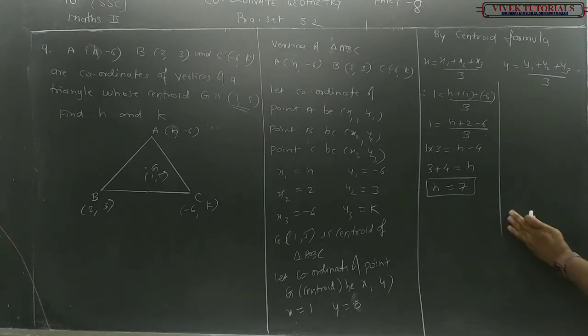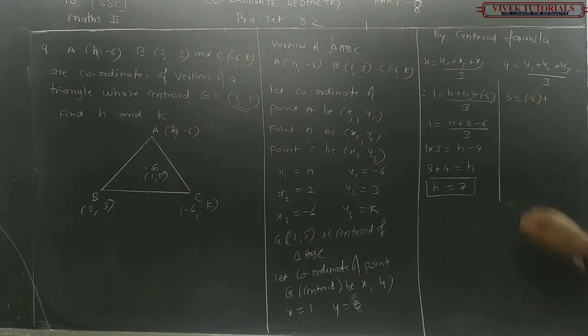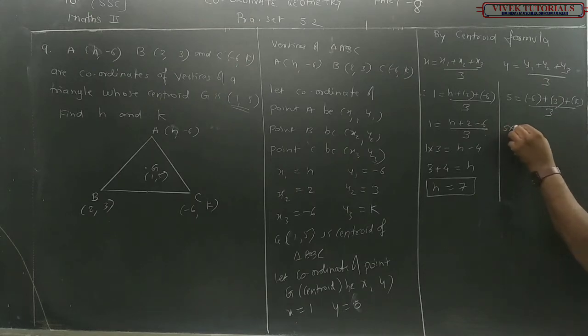And here the value of y is 5. y1 is minus 6 plus y2 is 3 and y3 is k, upon 3. So 5 into 3 is equal to minus 6 plus 3 plus k.